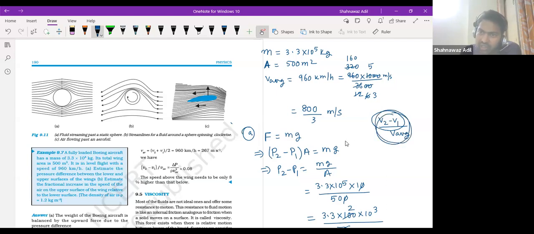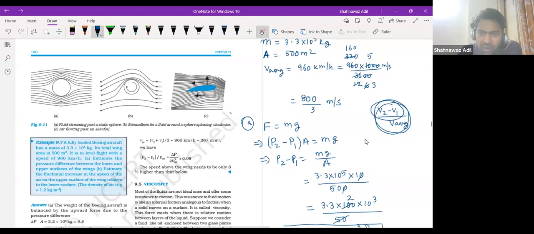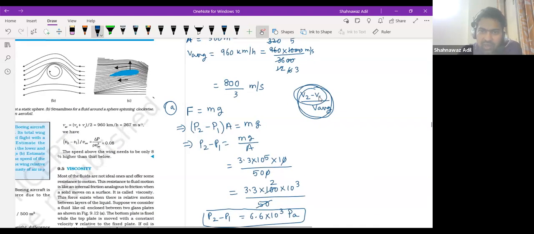So this is the thing that we have to calculate, right? And what is the law that relates v2 and v1? Yes, guys, what is the law that relates v2 and v1? Yeah, so already you guys have forgotten.